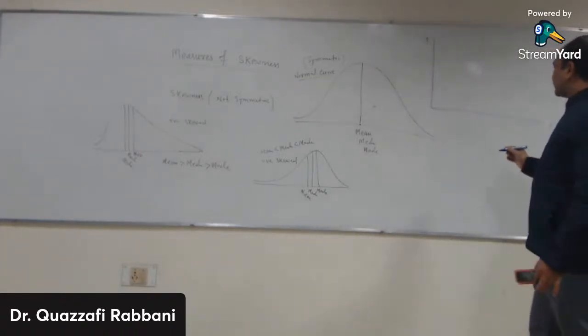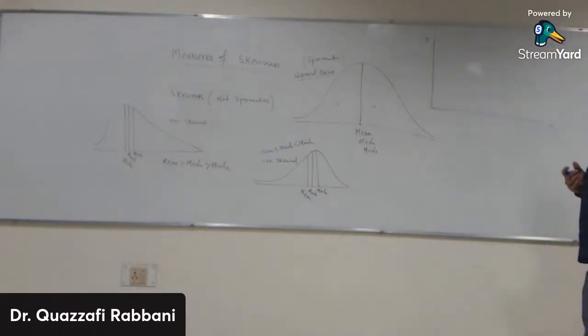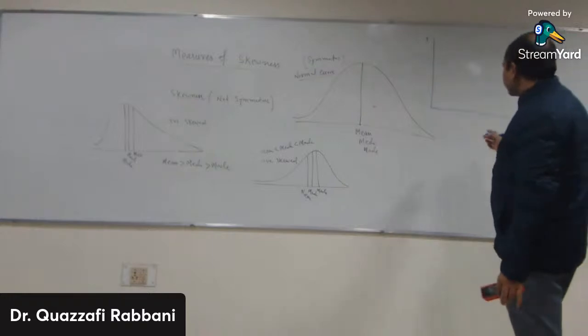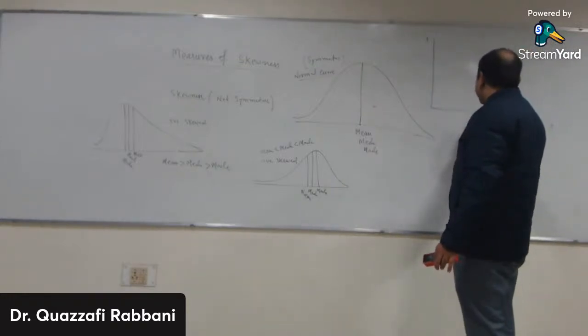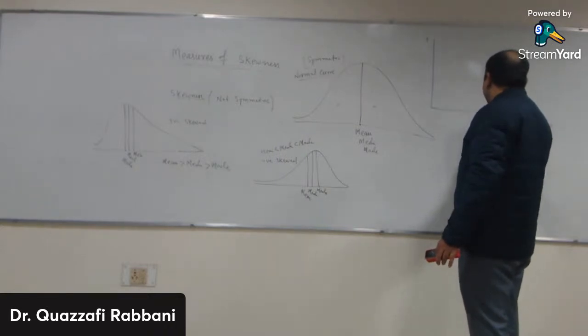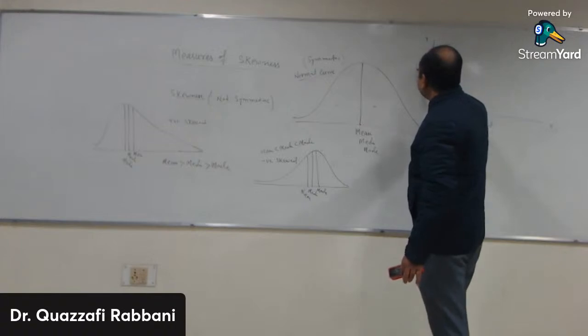If you want to collect the height of students, take the variable height on the x-axis, and on the y-axis the number of students, or you can say the frequency.